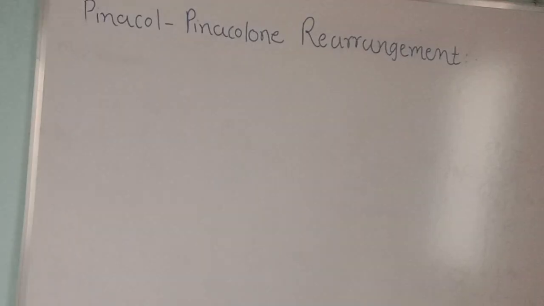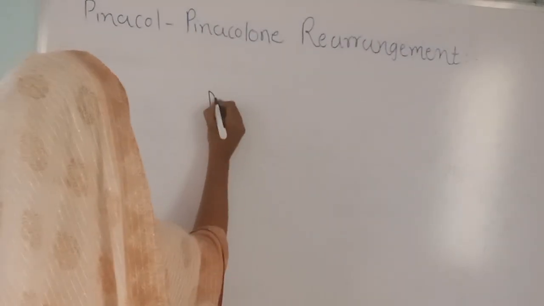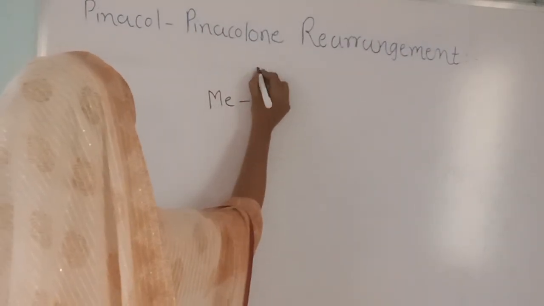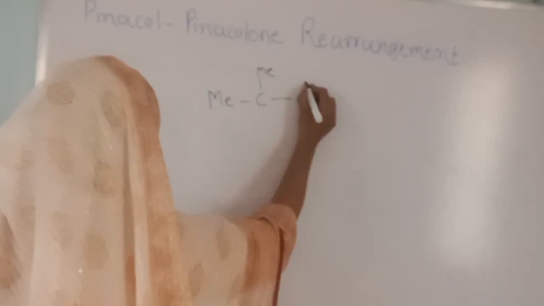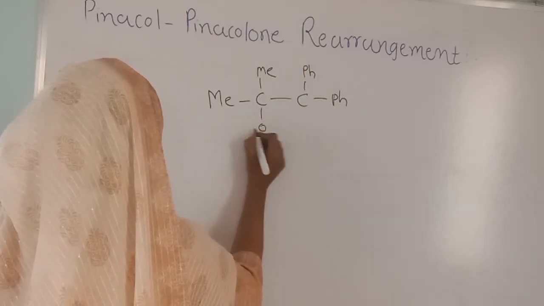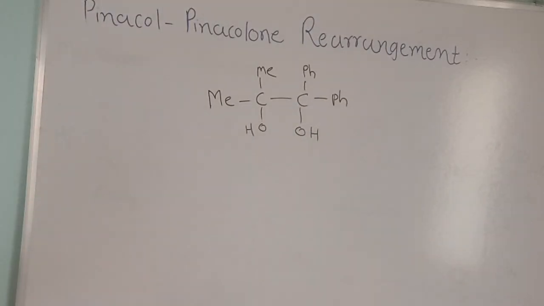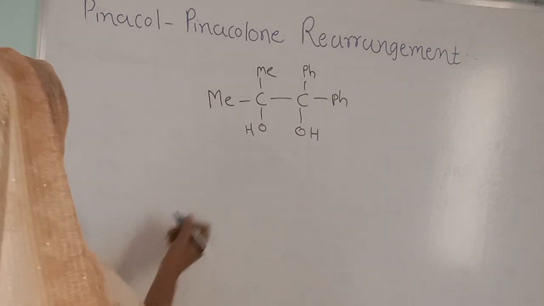We discuss another example here. This is an unsymmetrical diol. I think you get the idea which hydroxy group is converted into a good leaving group or protonated. Let's see in two conditions.